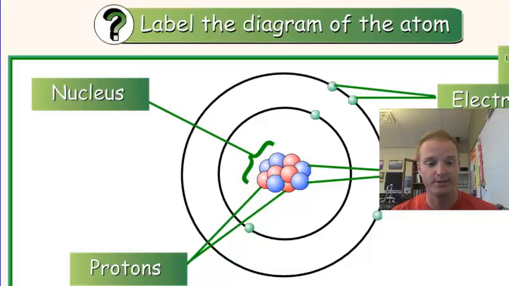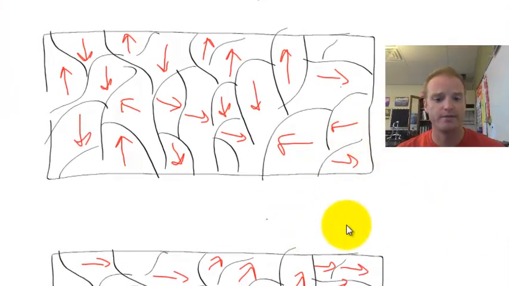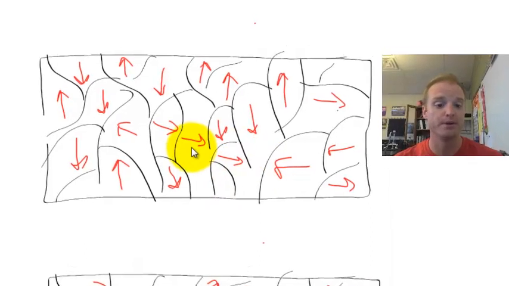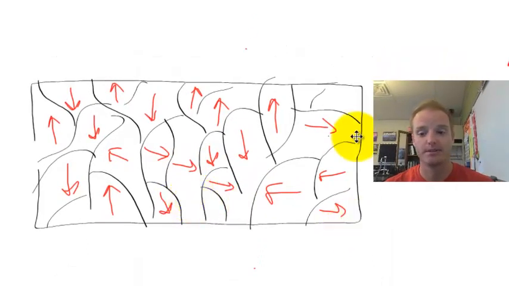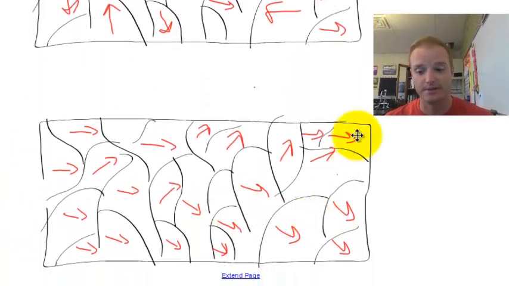So to visualize this, in this first picture here, let's just say this is a piece of iron, and we can see these domains. I've just drawn in a few. Remember, there'd be millions or billions of domains in any piece of unmagnetized iron. So they're going up, down, left, right. They're not going the same direction. If this bottom piece of iron was magnetized, say it's a bar magnet, you can see most of those arrows or domains are pointing the same direction.